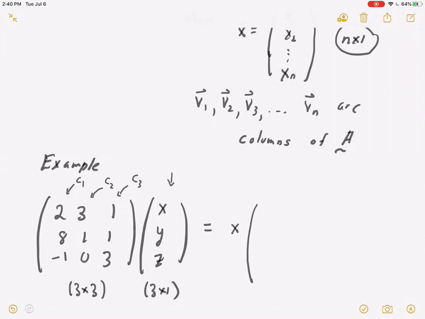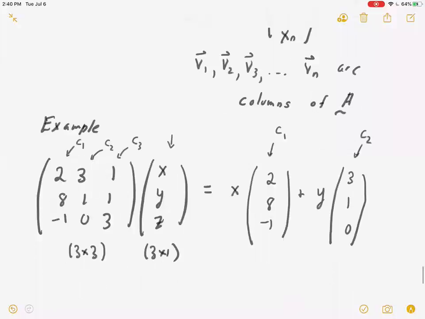So I have 3 terms here. I have x times c sub 1, which is the 3x1 matrix that looks like that, plus y times c sub 2, which is 3, 1, 0. And I'll continue this over here so I don't fall off the screen. C sub 3 is just the 3x1 matrix 1, 1, 3.